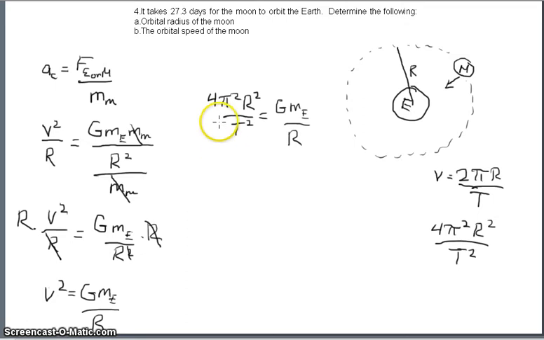They're looking for the orbital radius of the moon, and we know the period and we know the mass of the Earth. Okay, so if I just solve for R, I get R cubed is equal to G times M_E, and if I multiply both by T squared, I'm going to have T squared up top over here, and then divide both sides by 4 pi squared.